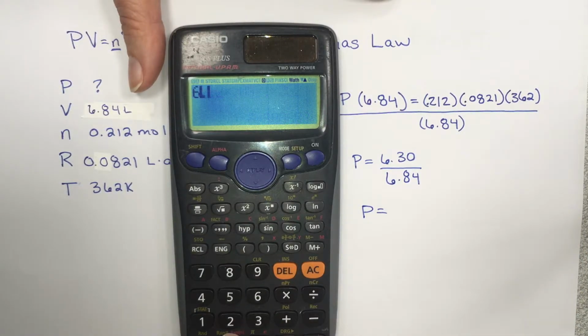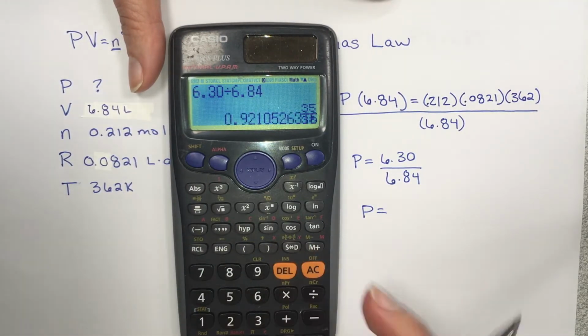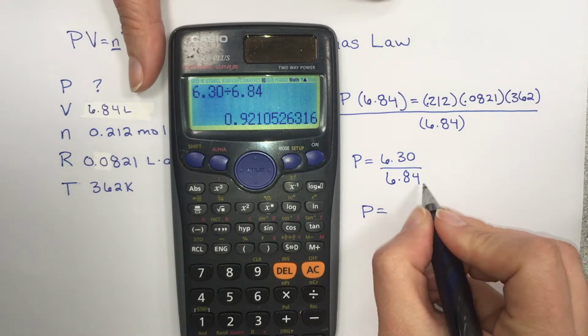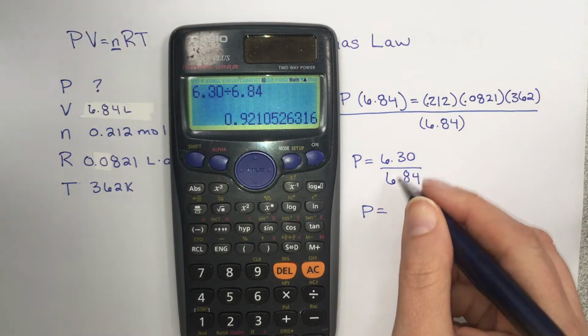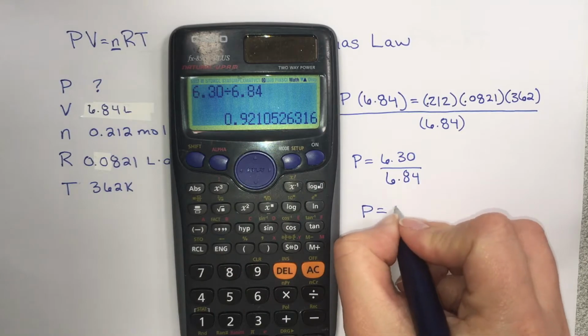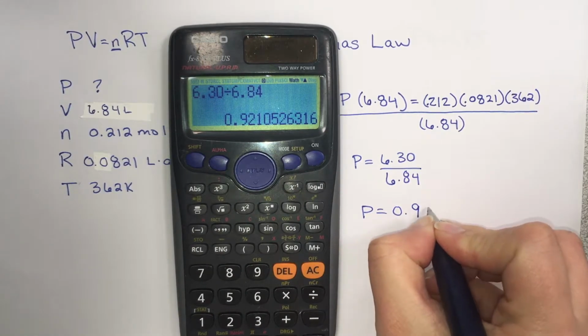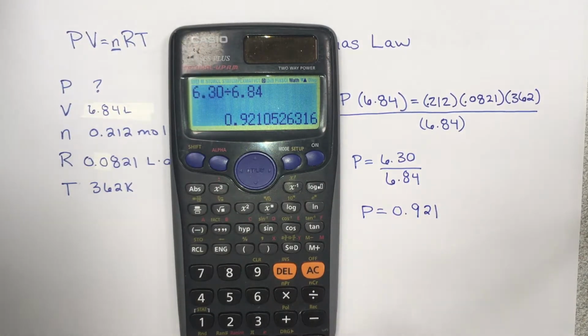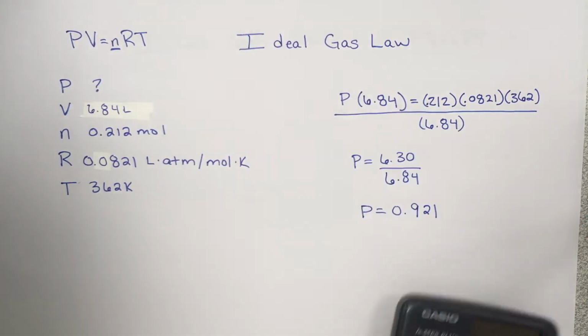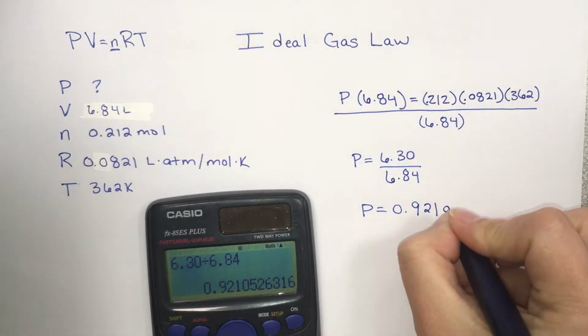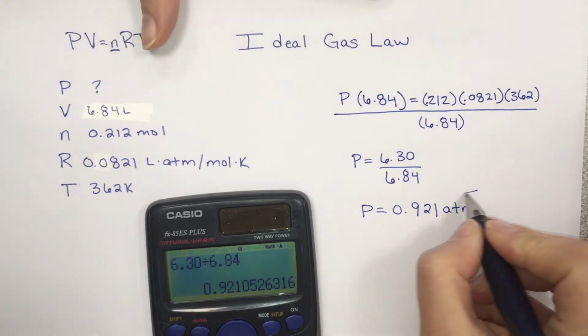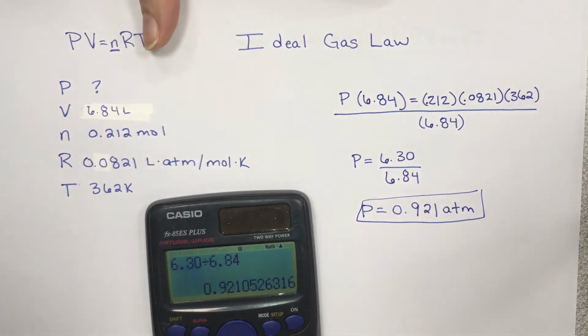So 6.30 divided by 6.84, and that equals, we have three significant figures on each, so 0.921. And the units have to be atmospheres. We don't have a choice. So there's our units.